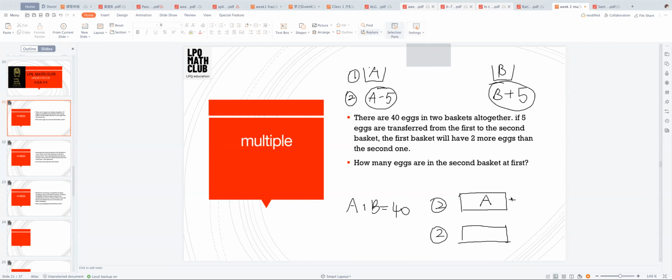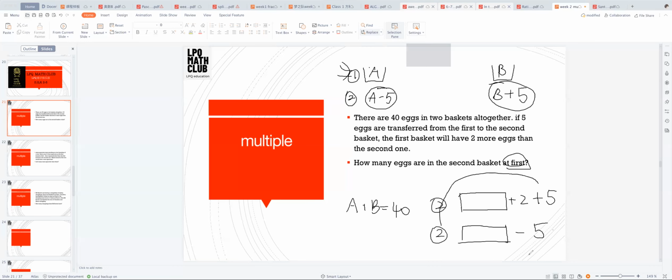Basket A has 2 more than basket B, right? How do we get this one? It is A minus 5, so we need to put this 5 back because we're not doing the first step, the original one. And basket B needs to minus 5, right?